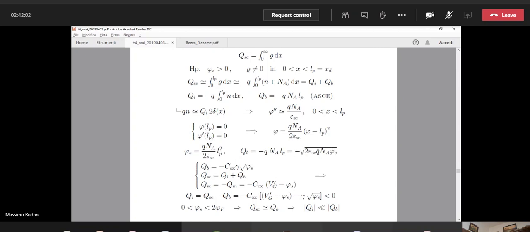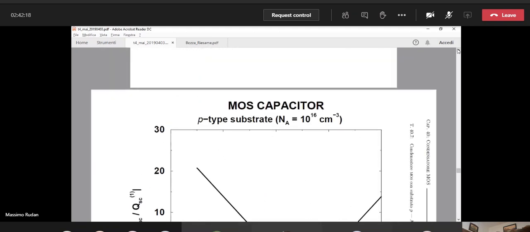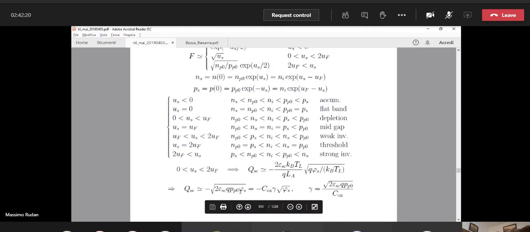You may observe that this expression is practically identical to the approximation that we obtained here, to this. Exactly the same. The only difference, a minor one, is that here we have PP0, in the other one we have NA, but they are practically equal as you remember, okay?